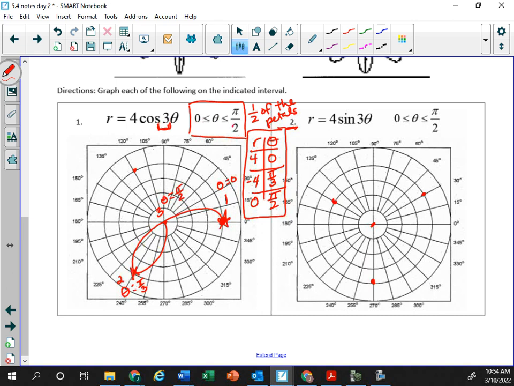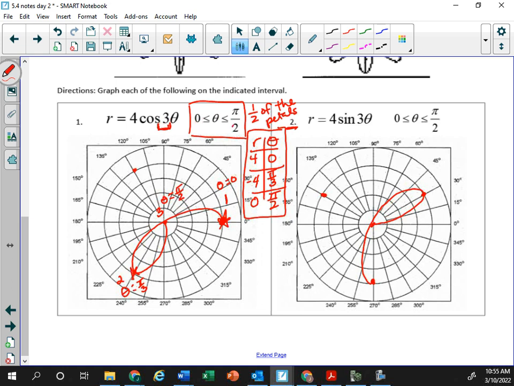If I was graphing the whole thing, my petals would be at pi over 6, at 5 pi over 6, and at 3 pi over 2. Are we okay with that if I was doing the whole thing? All right, and then remember, sine is the one that starts at the pole. So if I'm graphing to pi over 2, I get that much of it. If you're struggling with figuring out where to start and how much to graph, make a table.